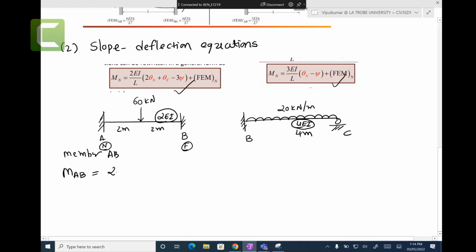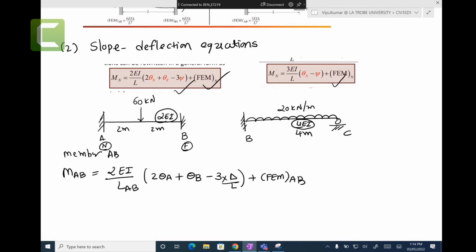So let's write it: 2 EI over LAB times 2 theta A plus theta B, that is the element over length L, plus fixed end moments of AB. I just use these equations to write it in the form of MAB. You can stop me if you don't understand that.